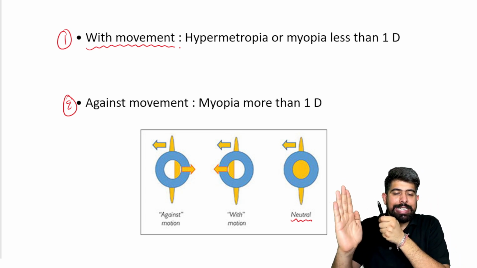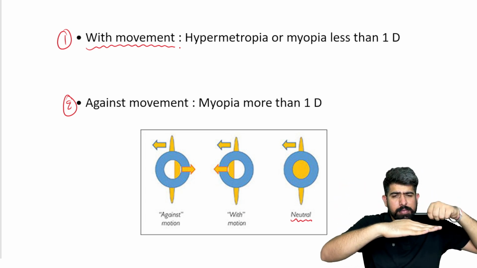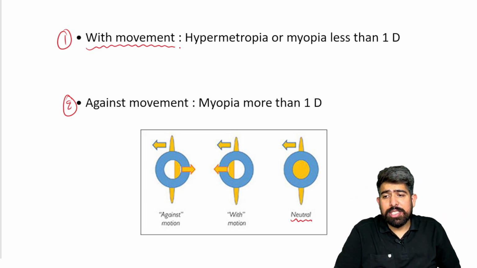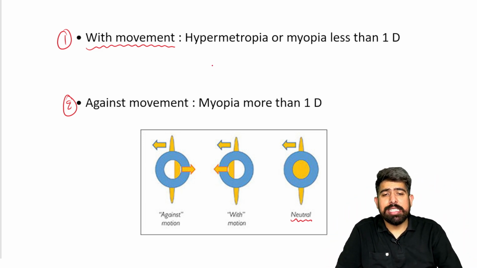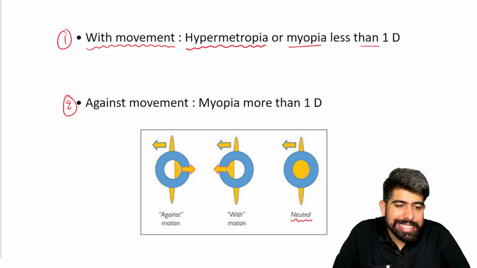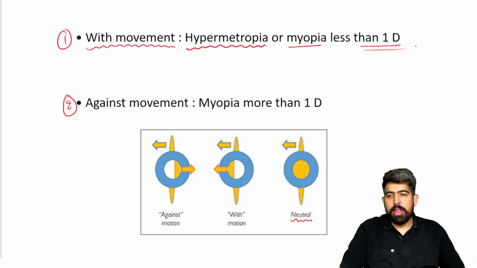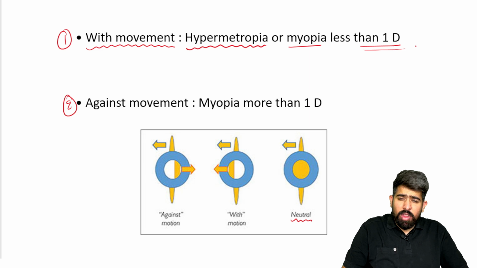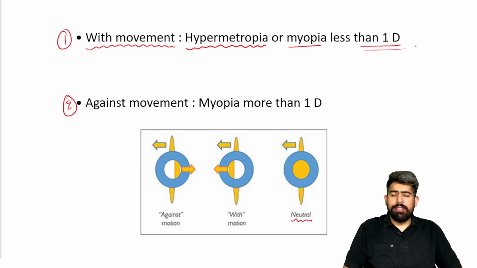As I go upside, it moves upside. As I go downside, it goes downside. So if the patient has the with movement, it is hypermetropia or myopia of less than 1 diopter spherical. Just remember this. I will show you shortly how to do this.